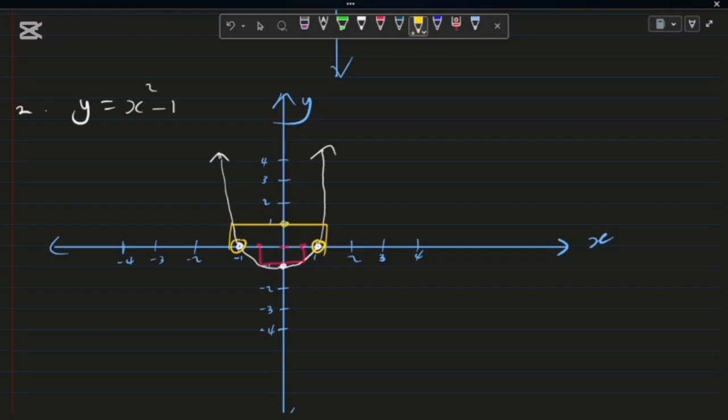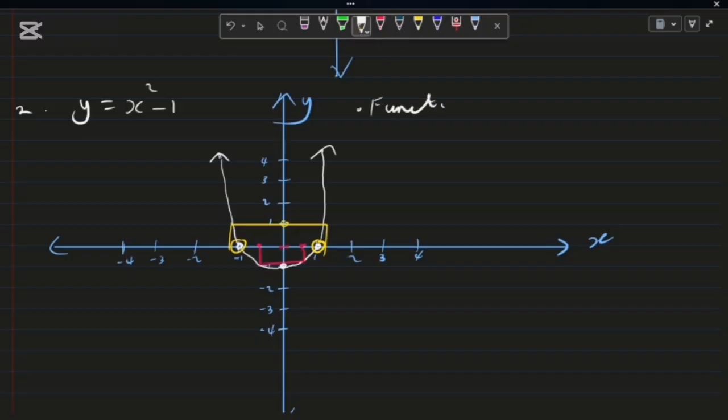So we see that this is indeed a function because every y value has a unique x value. In other words, there are no two y values that have the same x value. Because of that, this graph is a function.